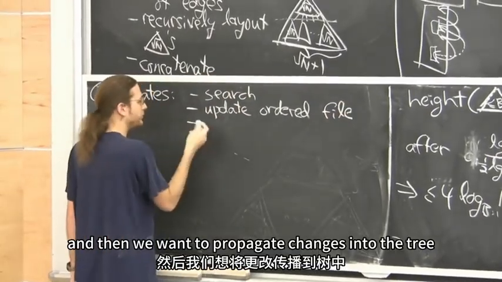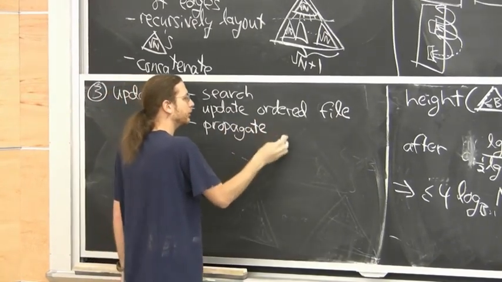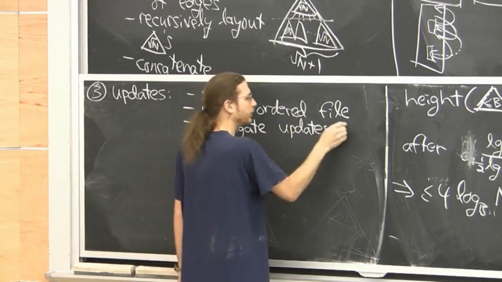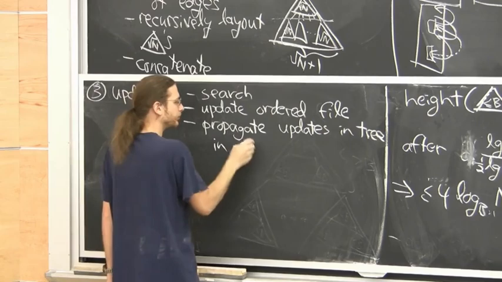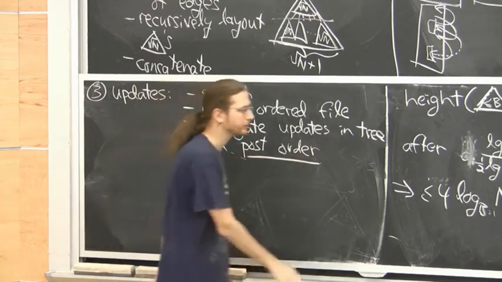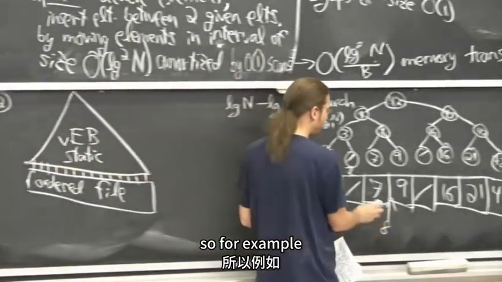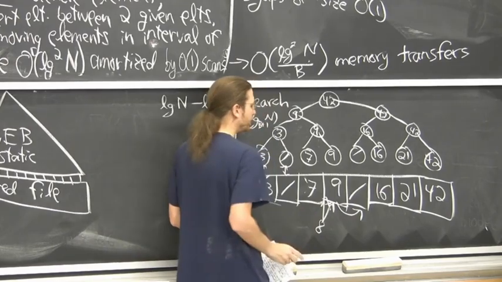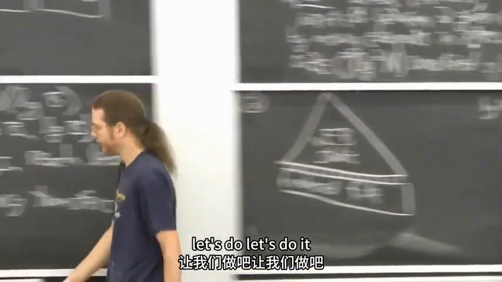And then we want to propagate changes into the tree in post-order traversal. That's the one thing I wanted to specify, is it actually matters in what order I update the items. So for example, suppose I move 9 to the right and then I insert 8 here. Okay, so then this thing, let's do it.